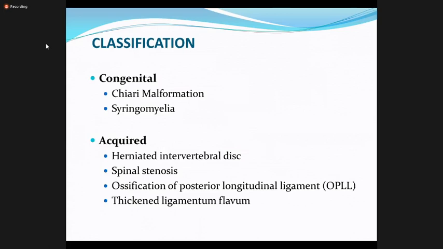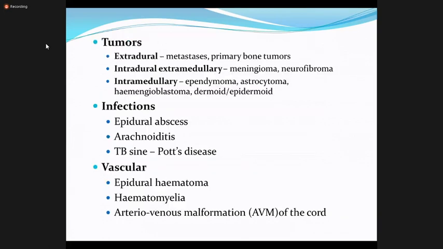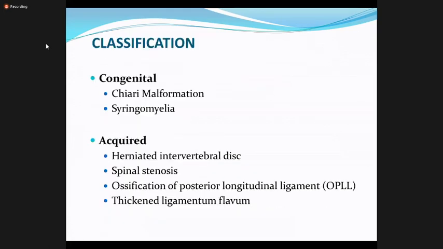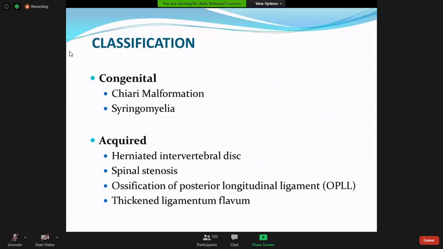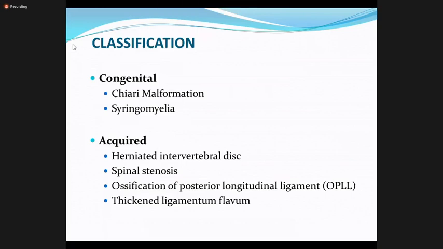We can classify compressive myelopathy according to various causes. It can be congenital, acquired, neoplastic, infectious, or vascular. The most common congenital anomalies that can cause compressive myelopathy are Arnold-Chiari malformation and syringomyelia.